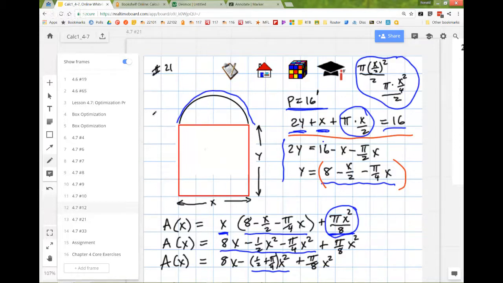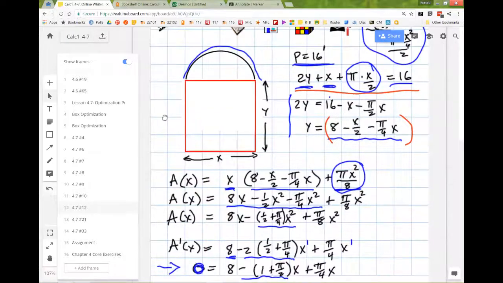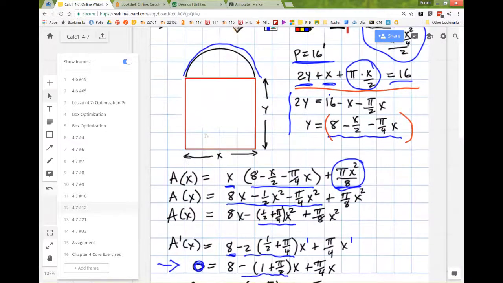All right. So now the whole idea is, what's the area of this thing? So we switch over. Well, we've got the area of the square plus the area of the semicircle. So what's the area of the square? X times y. X times this expression for y. And for the semicircle, it's what?